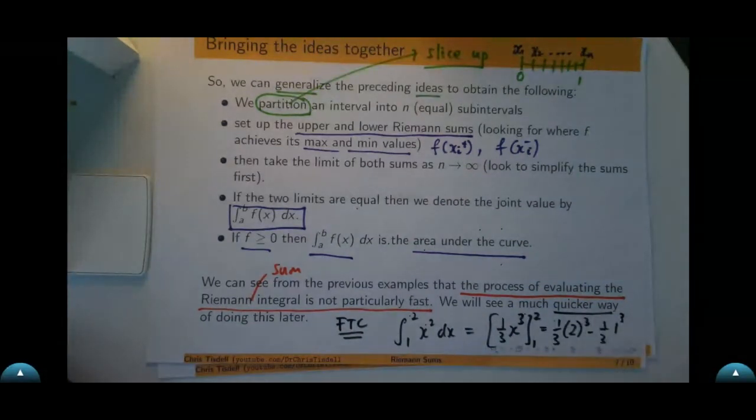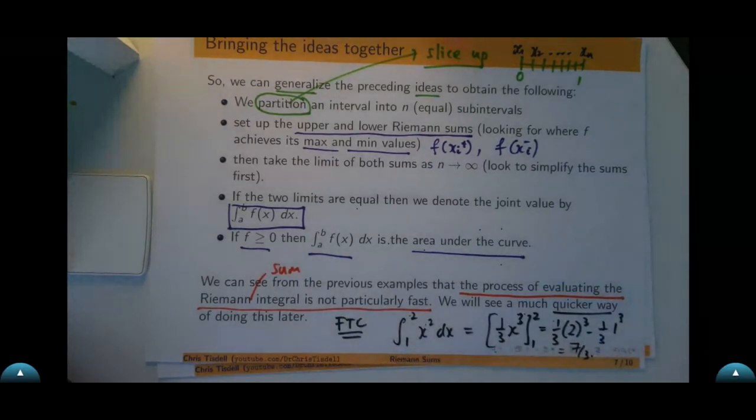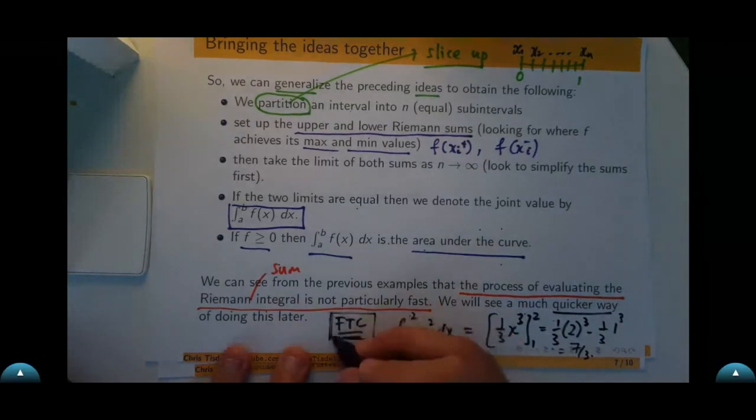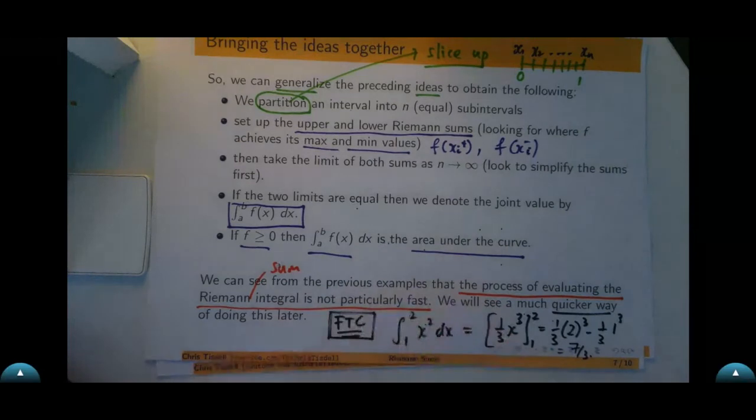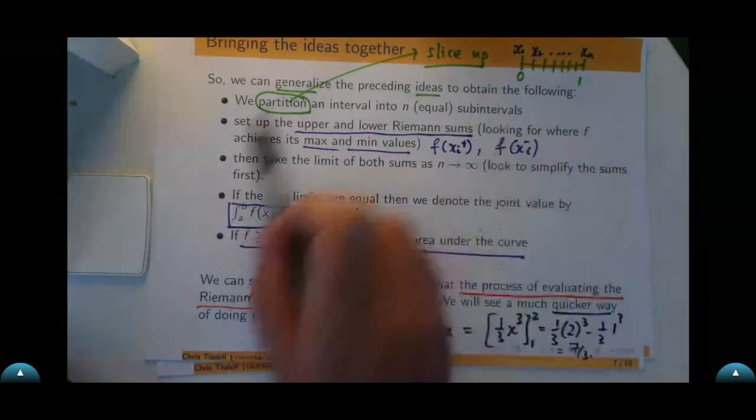You can simplify this. It's going to be something like 7 on 3 or something. Easy, right? The fundamental theorem of calculus. We'll learn about this in the next lecture. But of course you would do this rather than do all this.